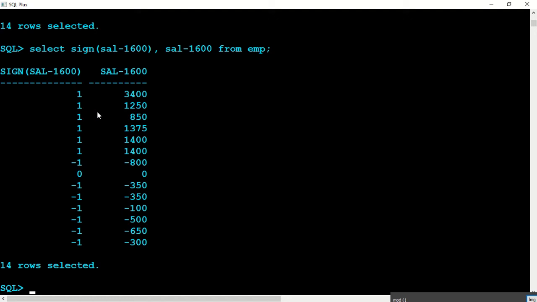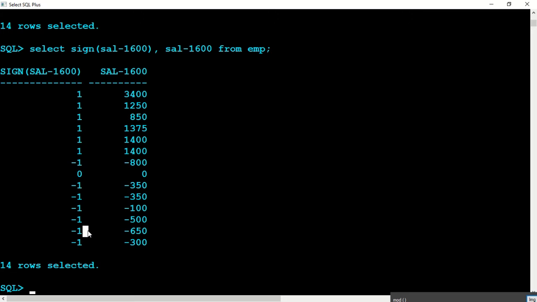This is also positive, 1. Here it is negative, so it is -1. It is 0, 0. All are negative here, so -1, -1, -1, and so on. I hope you understood this: sign and absolute value.